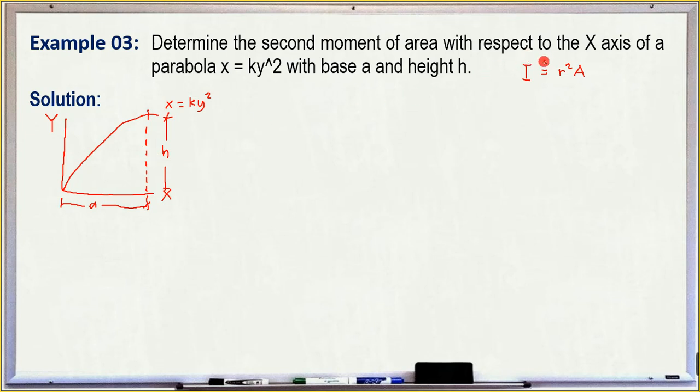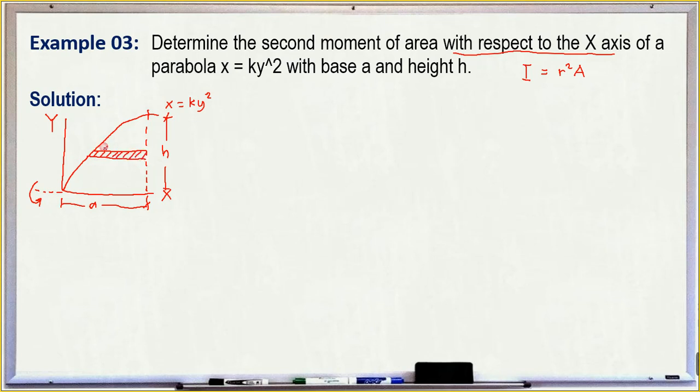Since the problem states with respect to the x-axis, the area covered by this parabola will tend to rotate about the x-axis. So since our axis is the x-axis, our differential area or rectangular strip should be parallel to the x-axis. That is how we draw it.